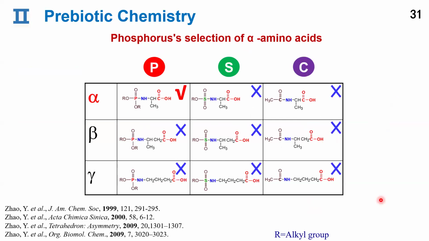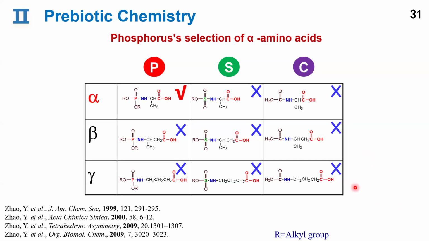here we take a closer look at another fascinating aspect: phosphorus chemical selectivity in the evolution of biomolecules. This table summarizes experiments and theoretical analysis showing that phosphorus specifically favors alpha amino acids, the very type of amino acids used in modern proteins.